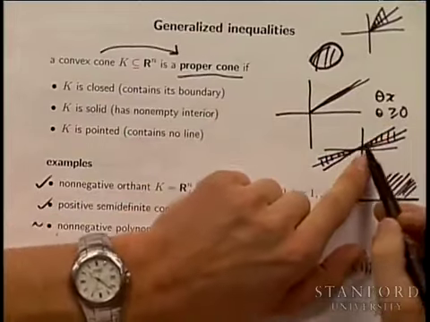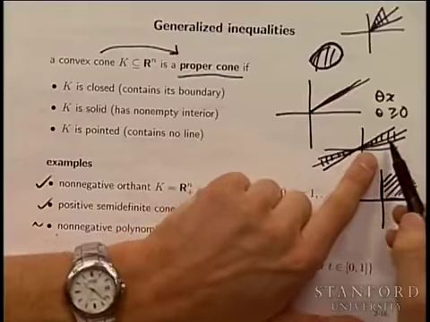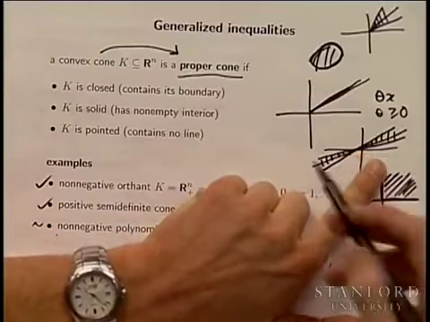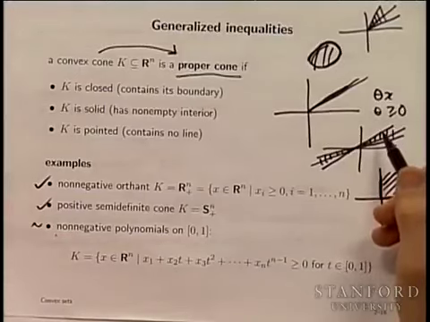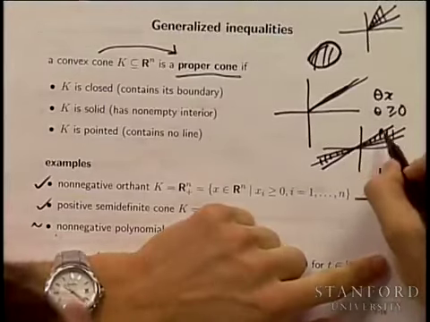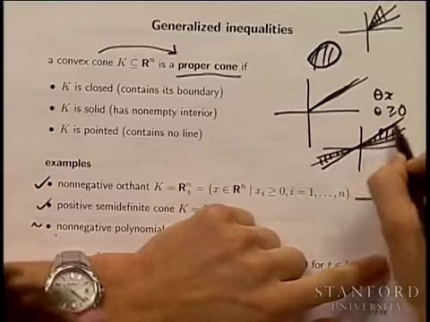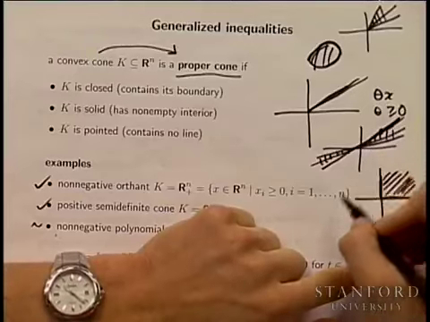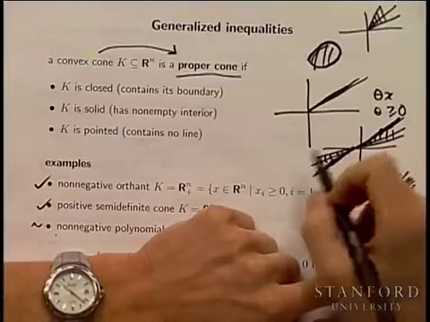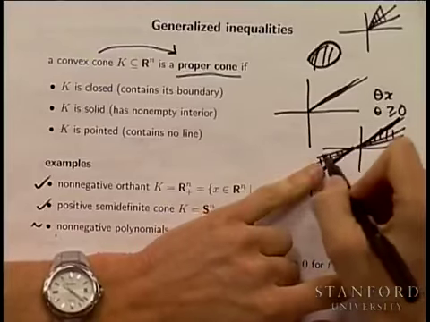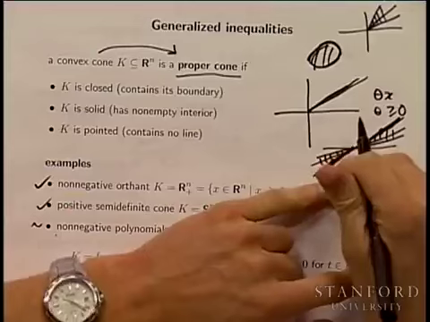Okay, so I pick any point in here, and I scale it with a linear factor, and it's still in the cone, right? So I pick this point here, I can scale it positively, and it's still in the cone, and that traces out this area. I pick this point here, I scale it positively, I stay in this area. So you can't find me a point which won't scale and remain in the cone.